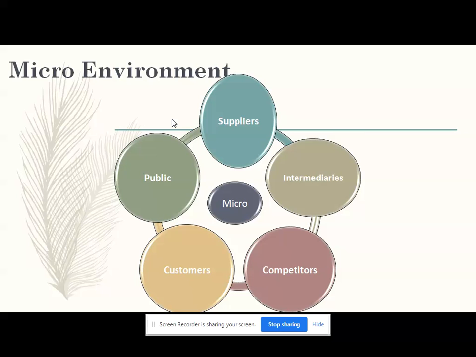For example, the financial public can hinder a company's ability to obtain funds, affecting the level of credit a company has. Media public includes newspapers and magazines that can publish articles of interest regarding the company and editorials that may influence customers' opinions. So this is all about the micro environment.